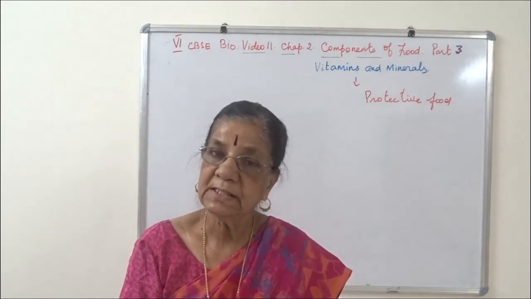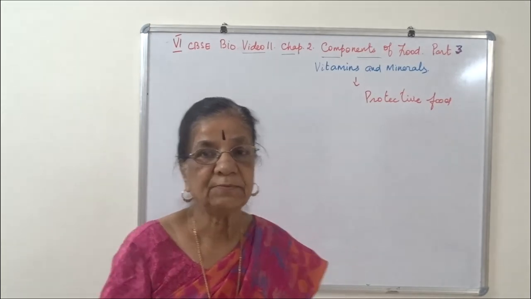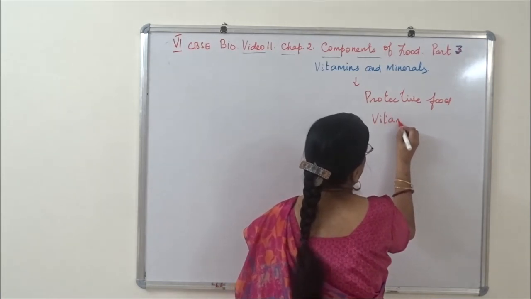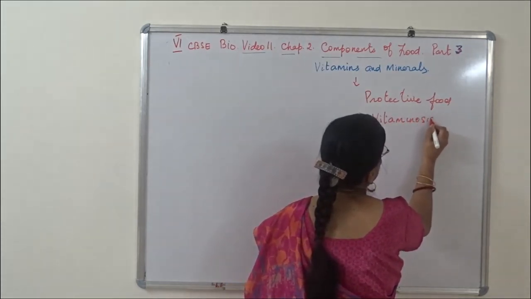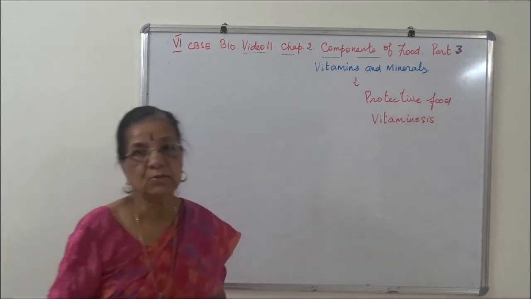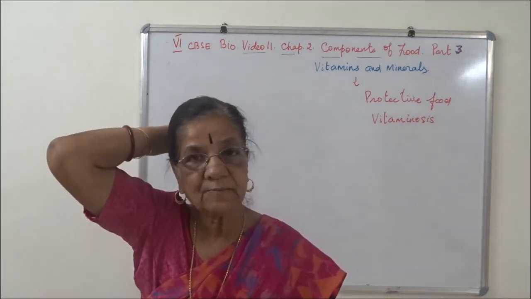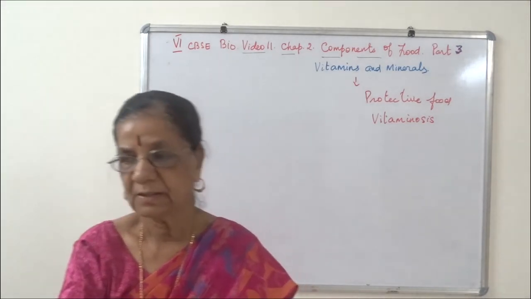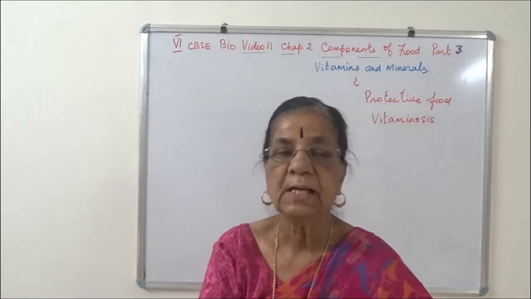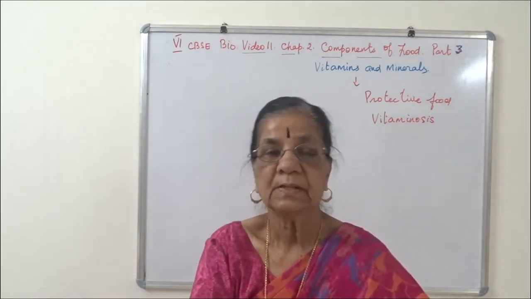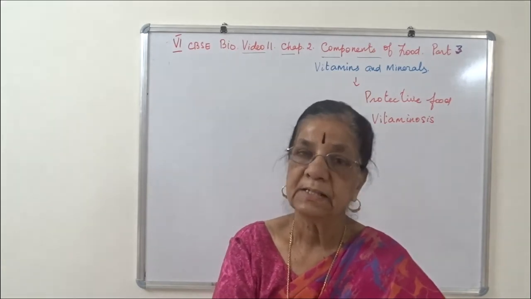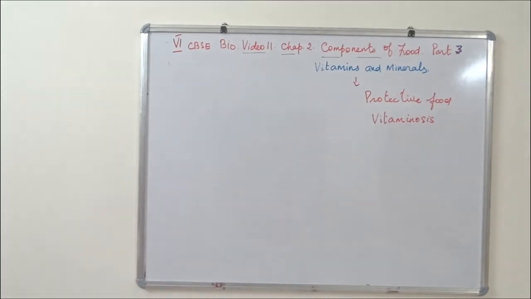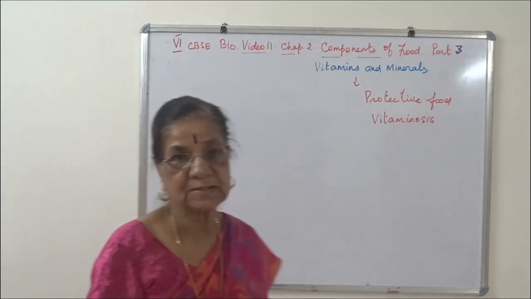If you are taking in excess, then we will be suffering from the condition called vitaminosis. Are you clear? So vitamins and minerals are considered protective food as they are protecting us from various diseases. And if a vitamin is taken in excess, then it causes the condition vitaminosis.